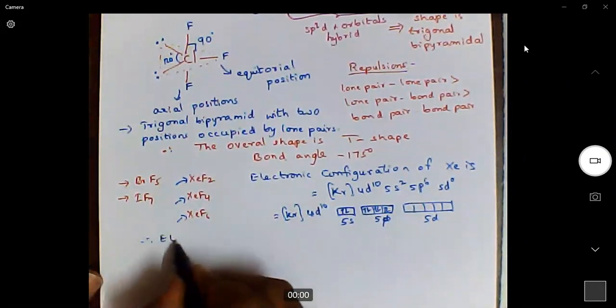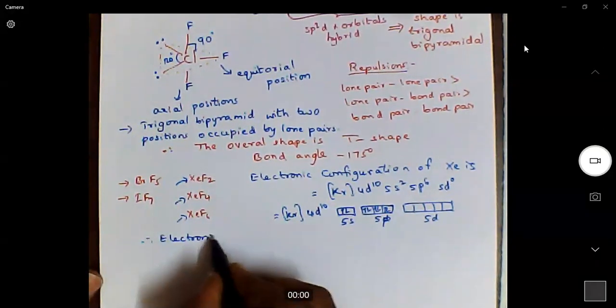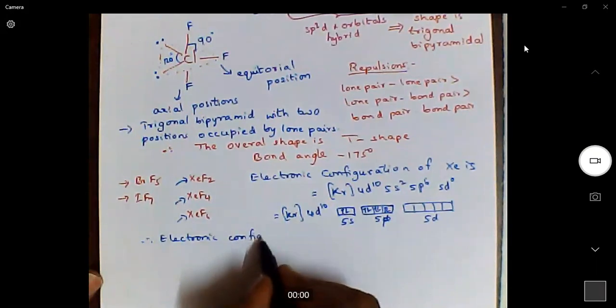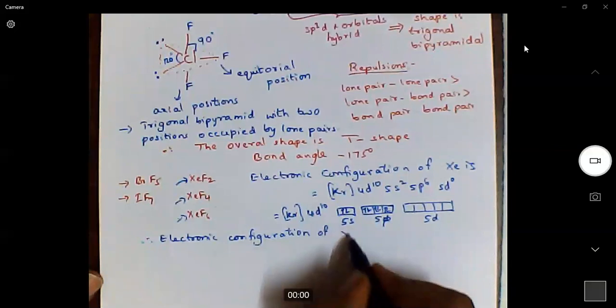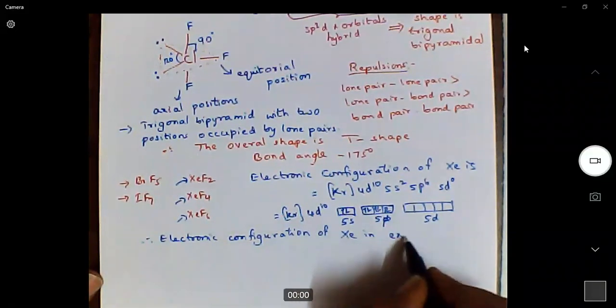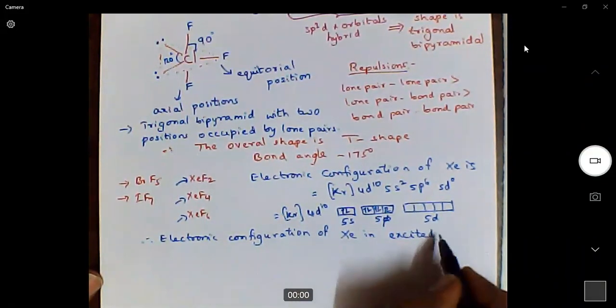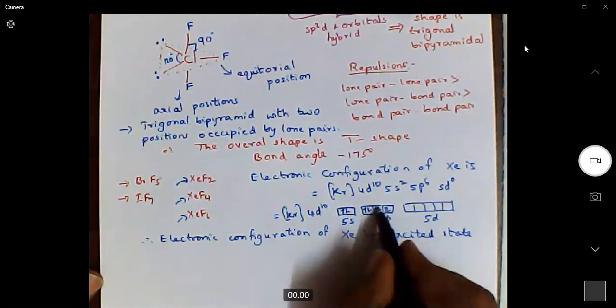Therefore, the electronic configuration of xenon in excited state. Generally, this is considered as ground state.